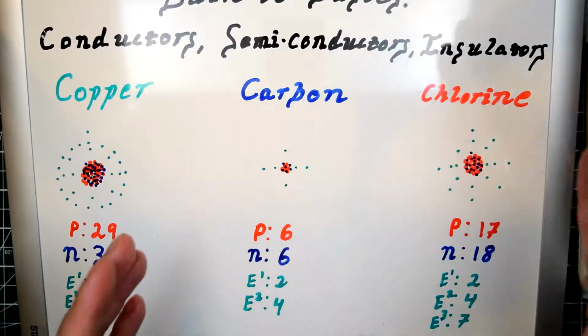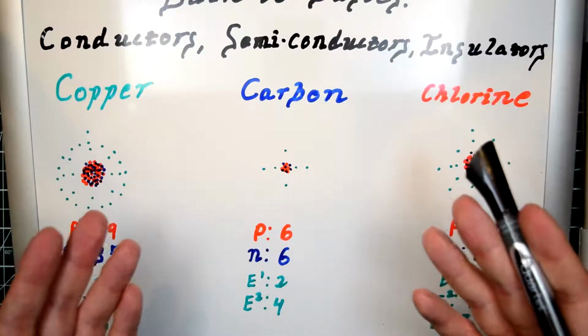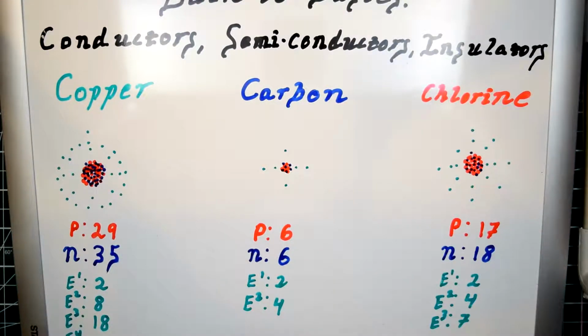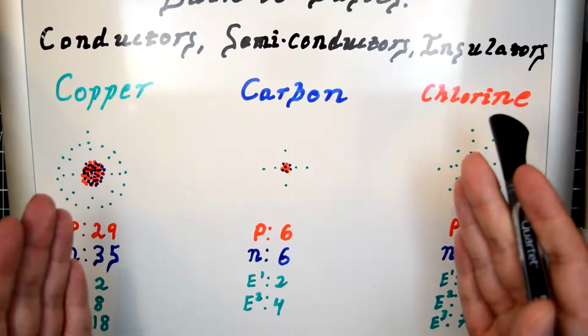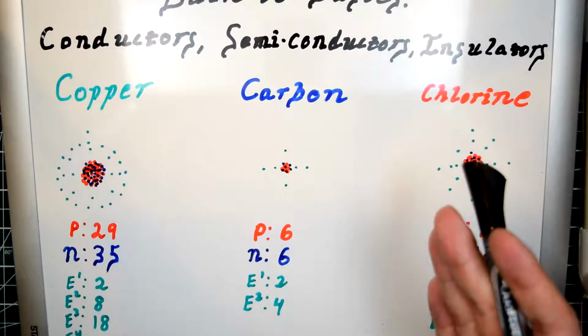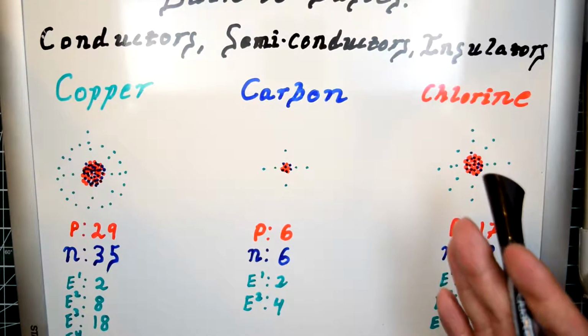But in order to get into that, we have to learn a little bit of chemistry and the way electrons are passed through materials when we're sending current through them.